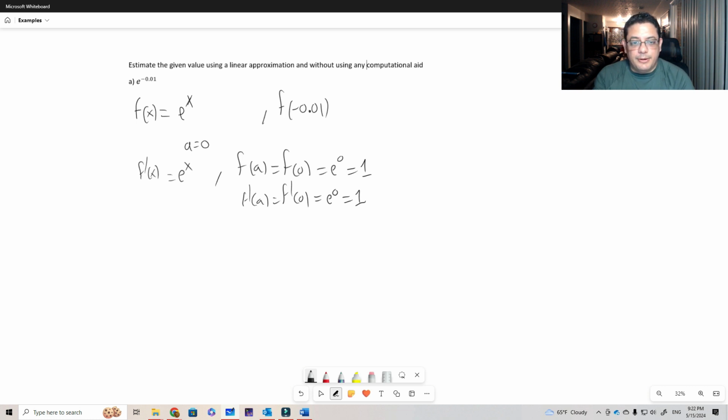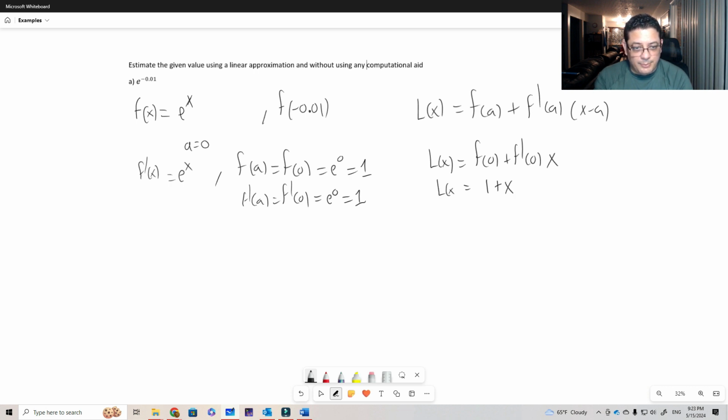Now, if you remember, the formula for the linear approximation is L of x equals f of a plus f prime of a times x minus a. So if we're going to do our linear approximation for the exponential function with a equals 0, then L of x equals f of 0 plus f prime of 0 times x, since a is 0. In this case, this is 1, and this is also 1, so we get that L of x is 1 plus x.